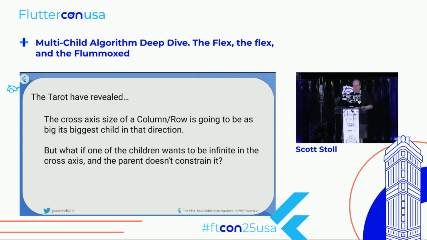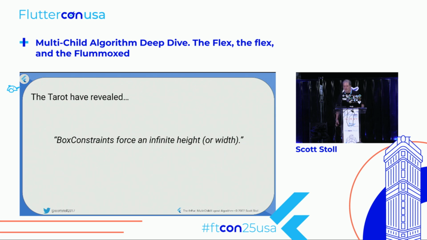Now, what if one of the children wants to be infinite in the cross-axis and the parent does not constrain it? Well, of course, we end up with an error. Box constraints force infinite height or width, depending on what you're working with there.